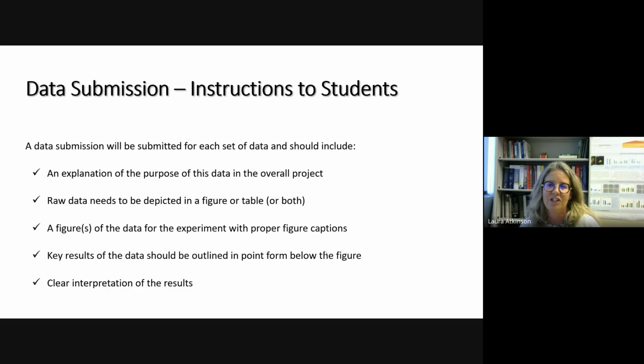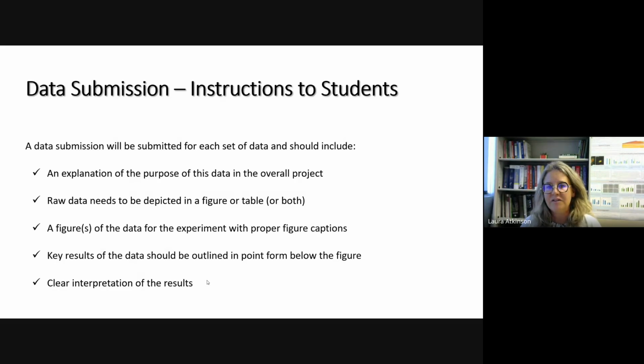Obviously, many projects are going to scaffold varying experiments, whether it's multiple different kinds of experiments or a whole series of things that you need to do before you can do an experiment, such as the case I'm describing, where they had to grow the cells, isolate the RNA, validate it, synthesize cDNA, and then do their qPCR. So they need to have the raw data depicted in a figure or a table, a figure caption, key results in point form, and clear interpretation of the results.